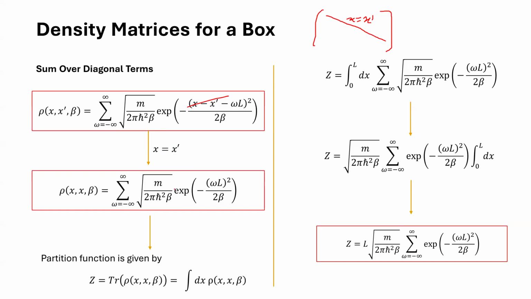Therefore, only the omega L term survives within the exponential function. We know that we can calculate the partition function by integrating the diagonal terms with respect to x.